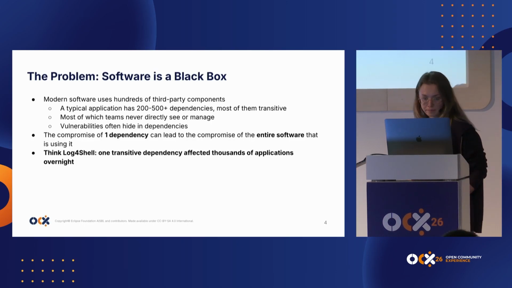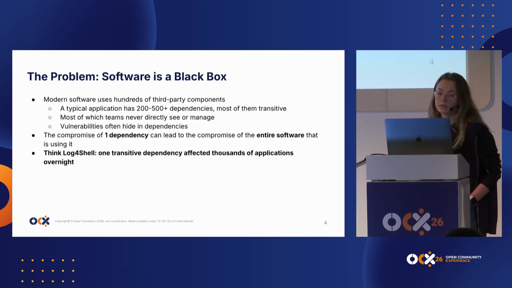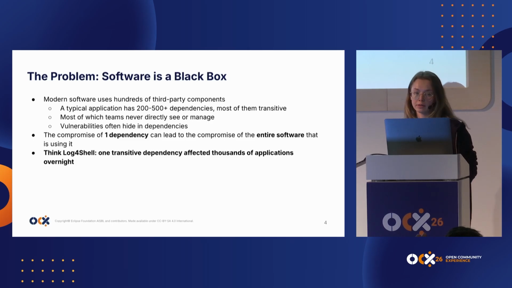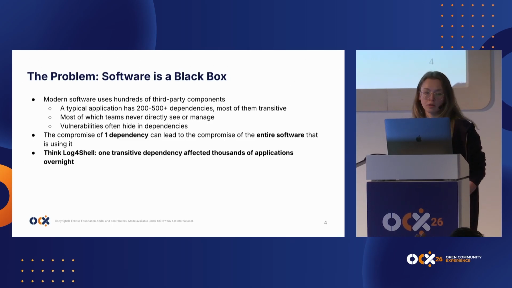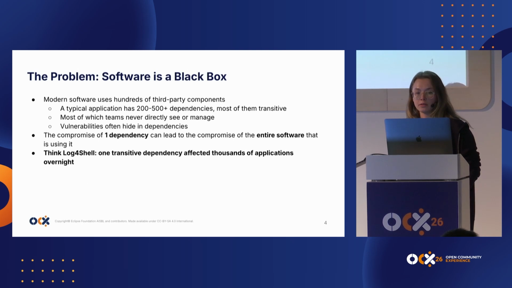So here's the reality that we live in. Modern software uses hundreds of third-party components. A typical application may have 200 to 500 plus dependencies. And most of these are not dependencies that your project team selects. These just get pulled in.